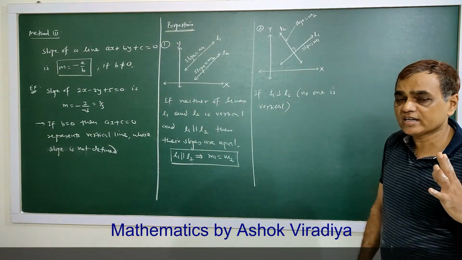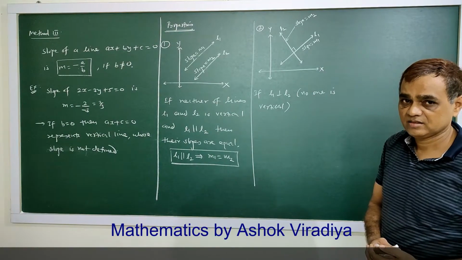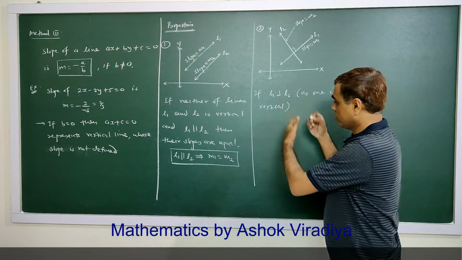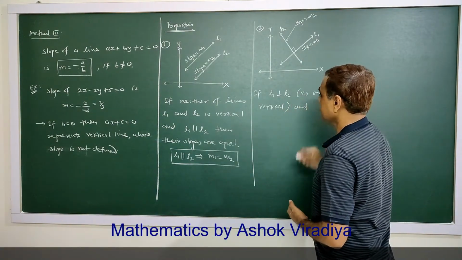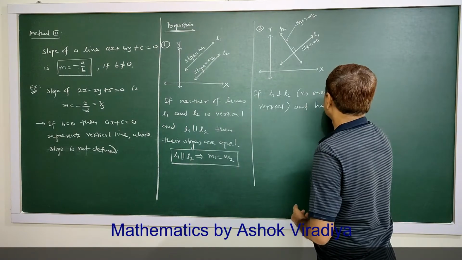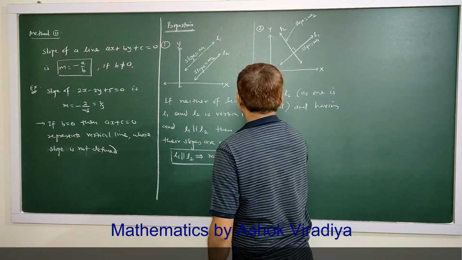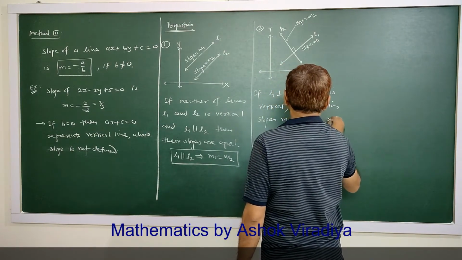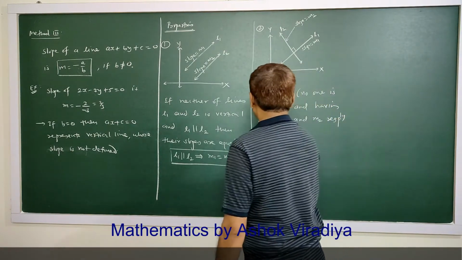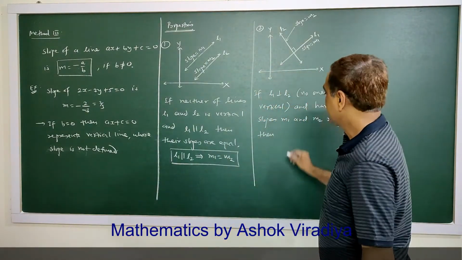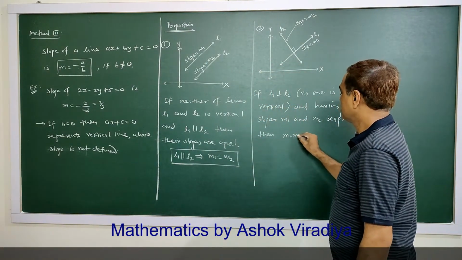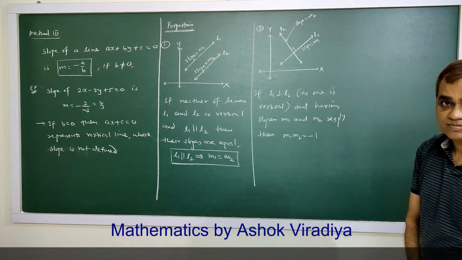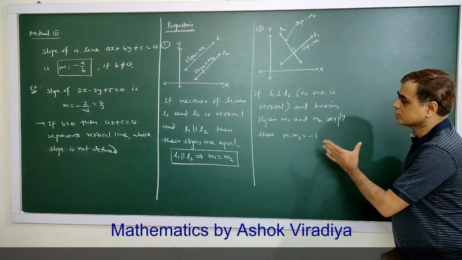Because if any line is vertical, its slope is not defined. So we must have the slopes of both lines. If L1 is perpendicular to L2, having slopes M1 and M2 respectively, then the product of their slopes, M1 into M2, is always -1.